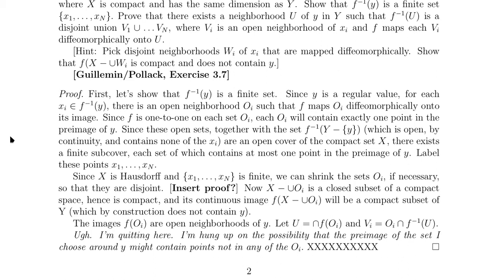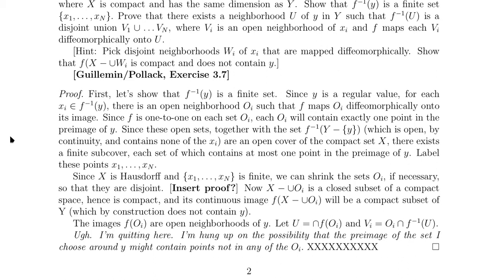Okay. Now, probably the simplest way, since we're working from Gilman-Pollock, is all of these guys live in some great big Euclidean space. So we could just take the minimum distance between any two of them, cut it in half if necessary, and then just take the open sets around them of that radius.